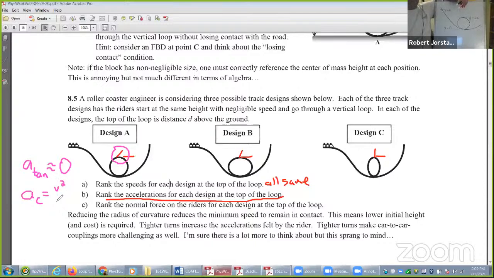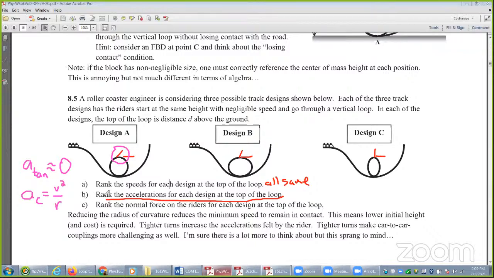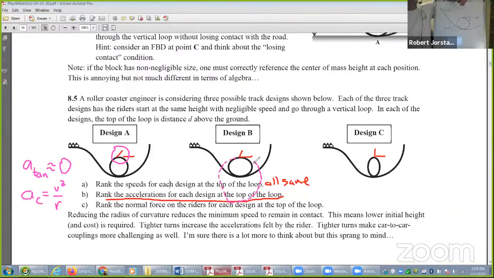Now, why did you say no? Go ahead and say it. They're not all in shapes of circles. Exactly, but this one could be modeled as a big circle for that instant. Do you agree? And this one could be modeled as a small circle at that instant. Aha! Use that information to rank the accelerations.